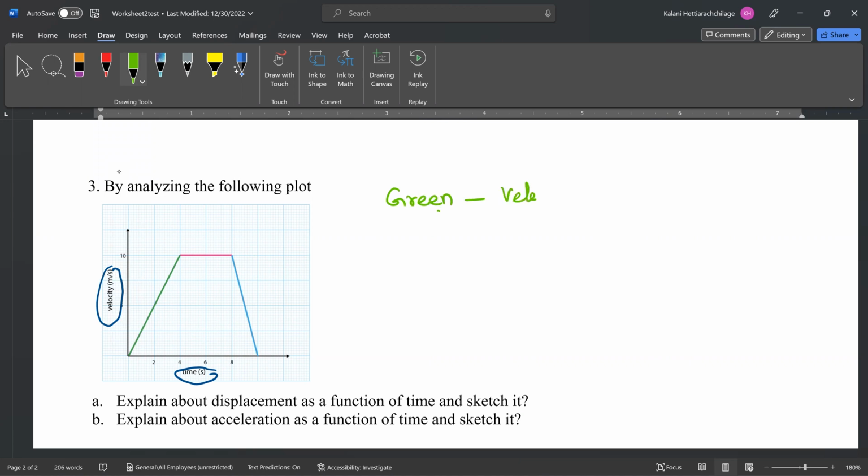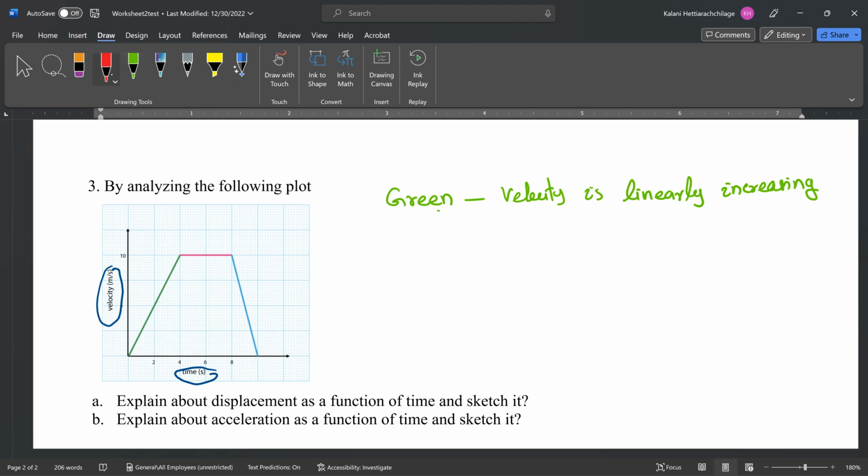Green represents velocity that is linearly increasing. Let me write it: linearly increasing velocity.